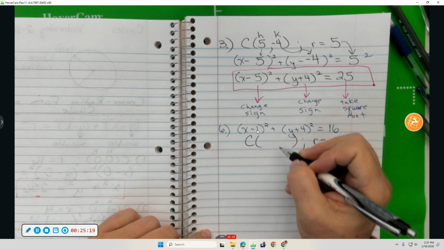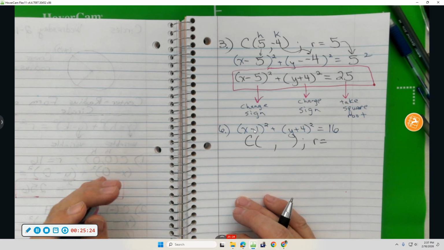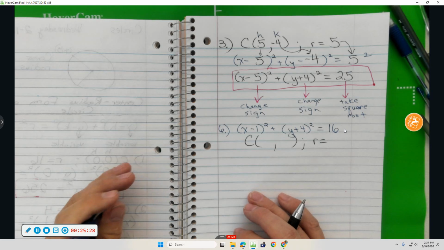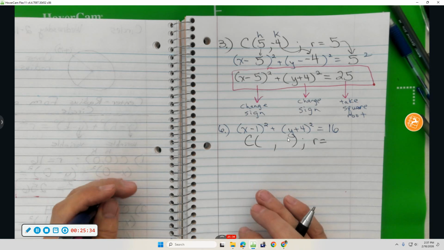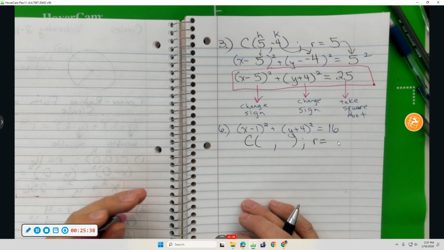A little phrase that I'll be saying one day when I'm old and out of my mind is change the sign, now take the square root. I'll be in that nursing home and people will be wondering, what is that old man saying as I'm sitting in my rocking chair? Change sign, take the square root.